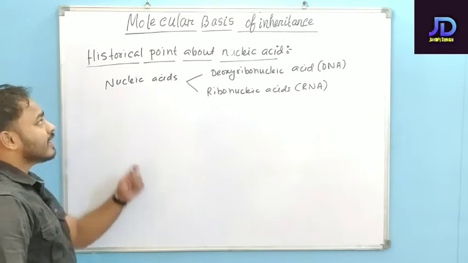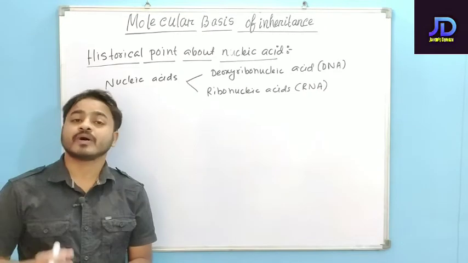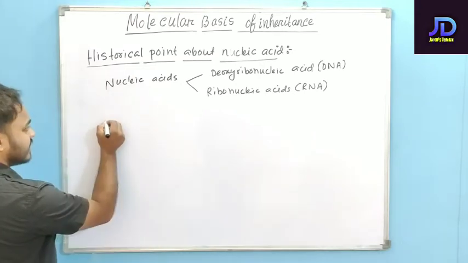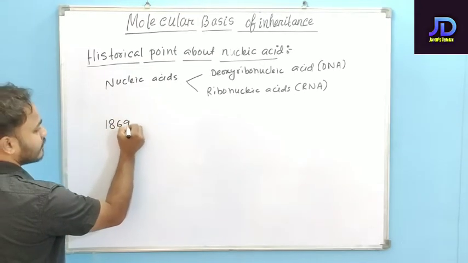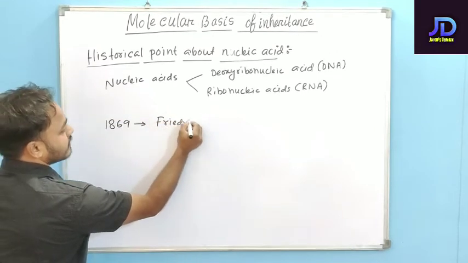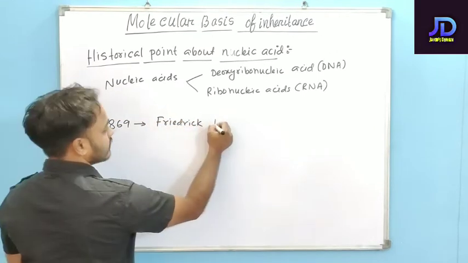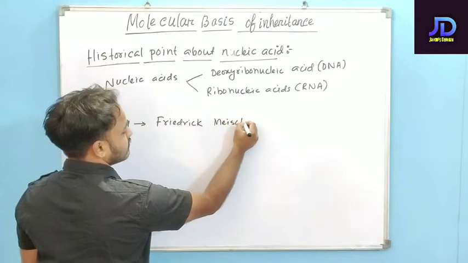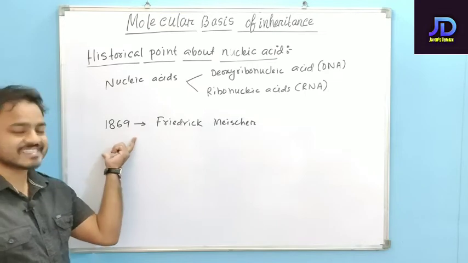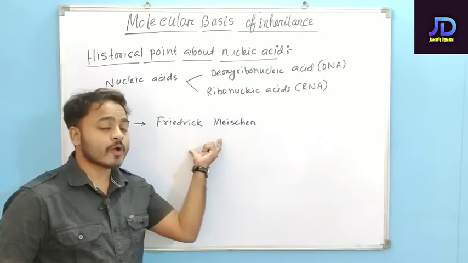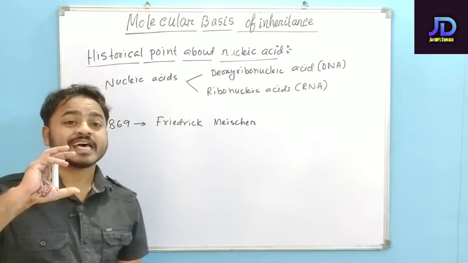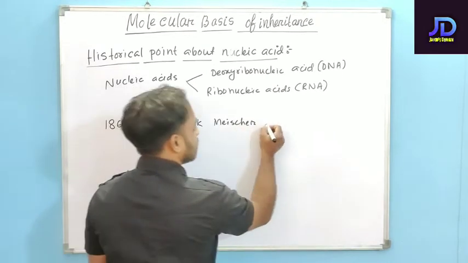Right? Now these nucleic acids were discovered for the first time in 1869 by Frederick Miescher. Frederick Miescher discovered these substances, some acidic substances, in pus cells.